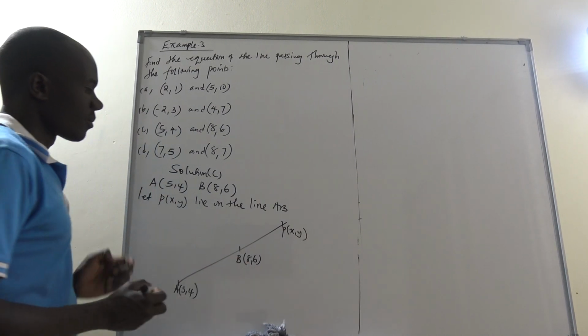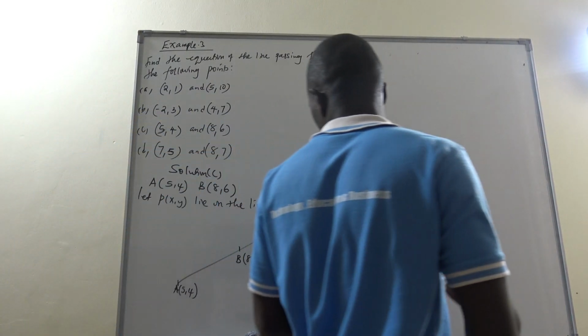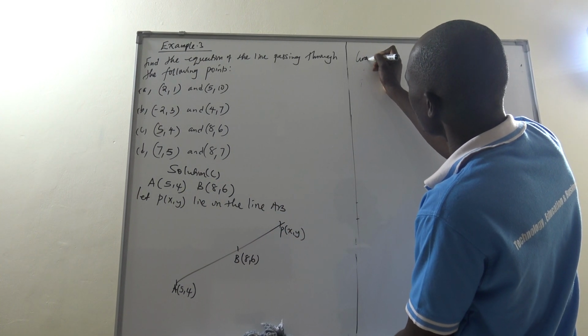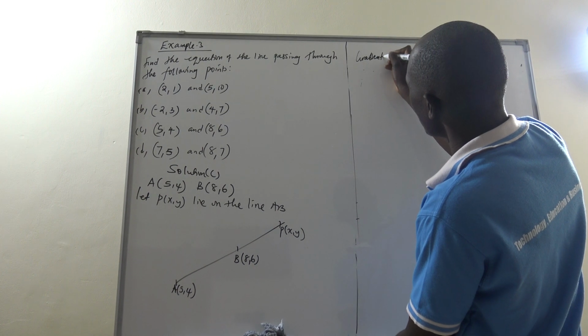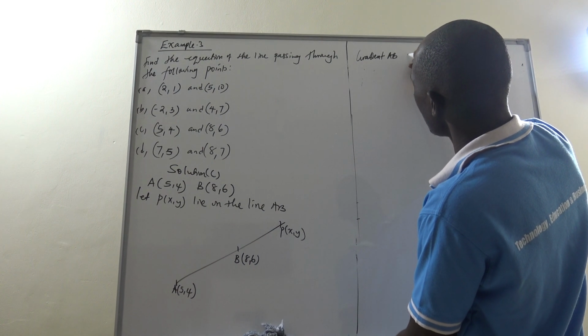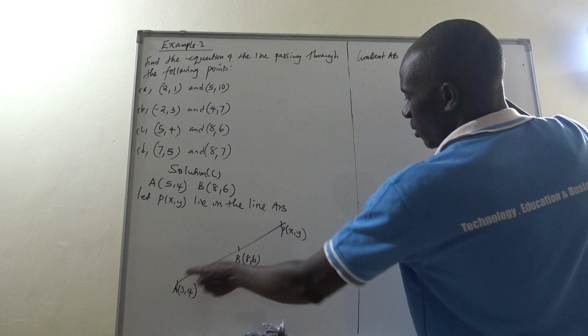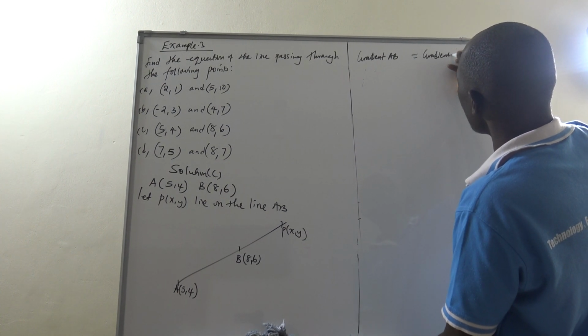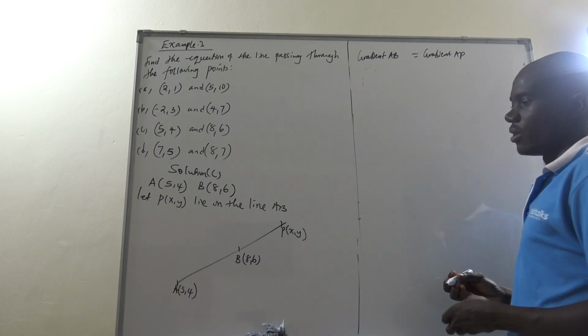So still, gradient AB is the same as gradient AP. How do we get gradient AP?